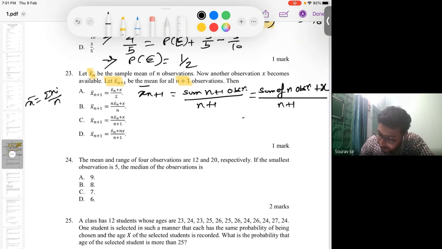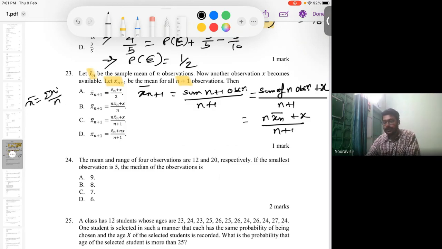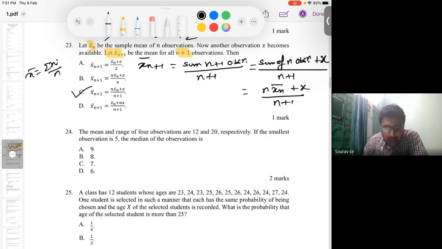The sum of n observations is n times x n bar, plus x, where x is the other observation that we added later. So the total value will be n x n bar plus x, whole divided by n plus 1. This answer is similar to option C, so option C is the correct answer.